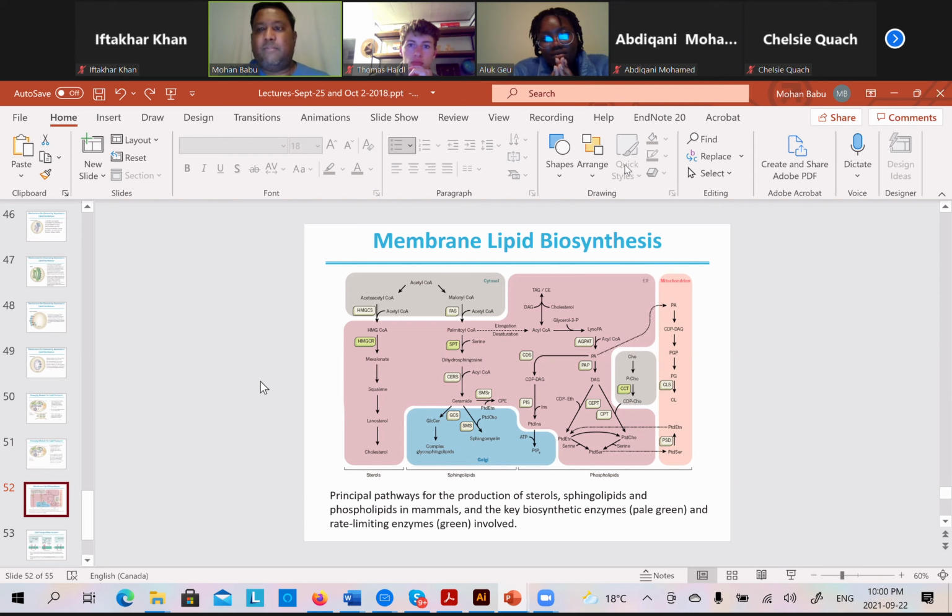But not all the phospholipids are being translocated to the cytosol, only some. Here's one slide to summarize further how the actual biosynthetic pathways are happening. It all ties up very nicely.